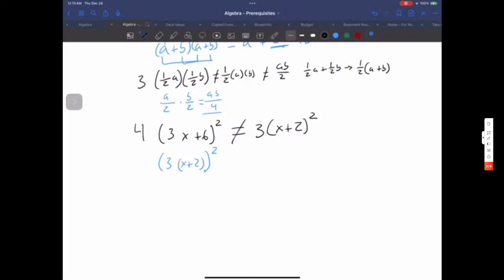So remember that when something in the parentheses looks like this, it's multiplied together. You can distribute that square amongst the things, and this would actually be, in blue here, 3 squared times x plus 2 squared, and now you would have the 9. 9 times x plus 2 squared.